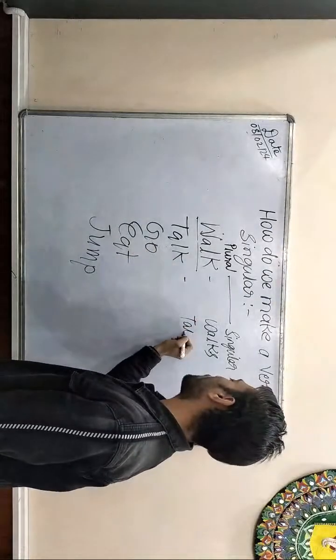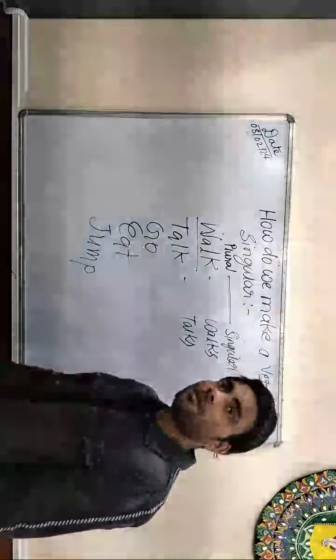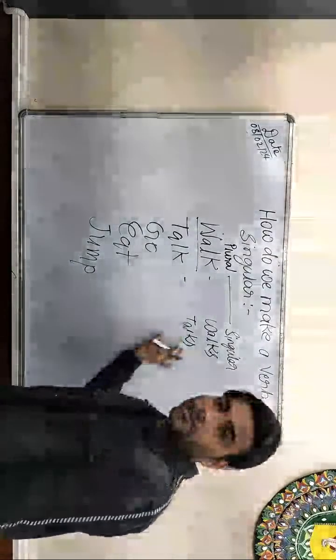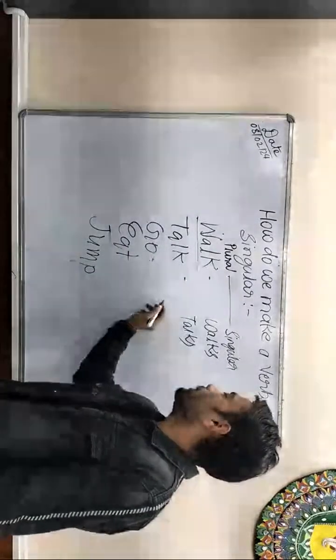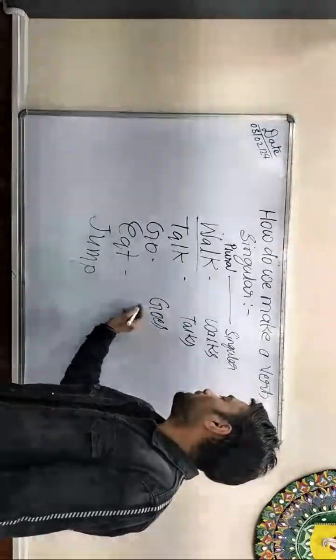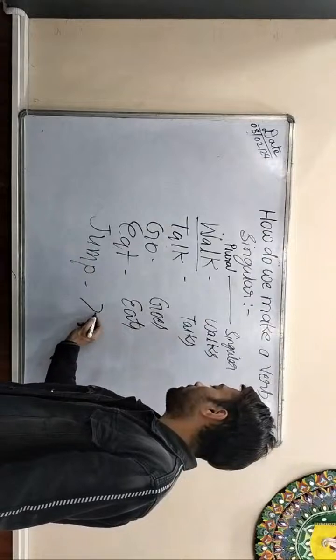It becomes talks. Go is plural. Any action verb is already in plural. We just add s or es, and it becomes singular. The same way, go becomes goes, eat becomes eats, jump becomes jumps.